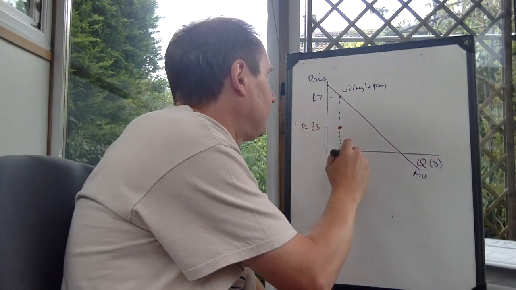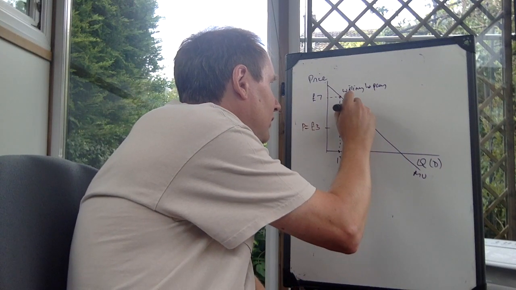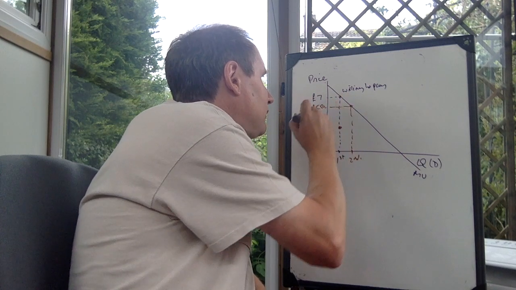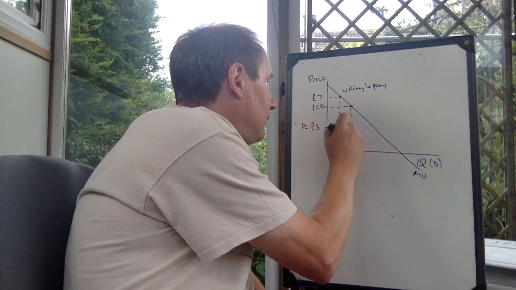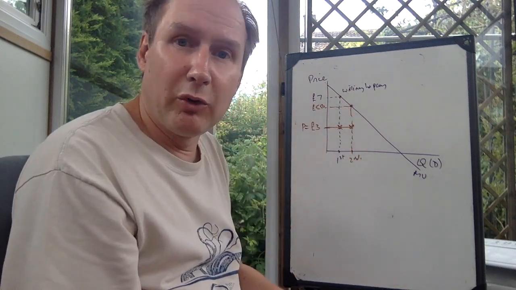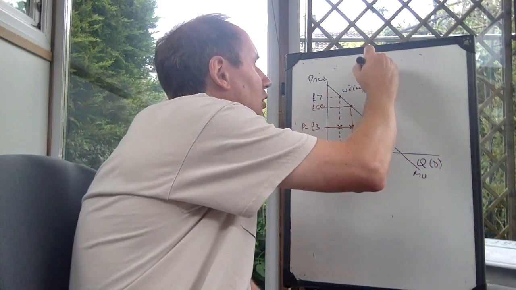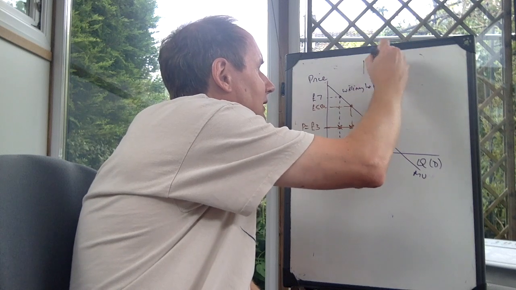What about the second unit? They're willing to pay what looks like about £5.50. The price is £3, so the utility is more than the price, so they buy it. So our rule is, we'll buy as long as the marginal utility is at least equal to the price.